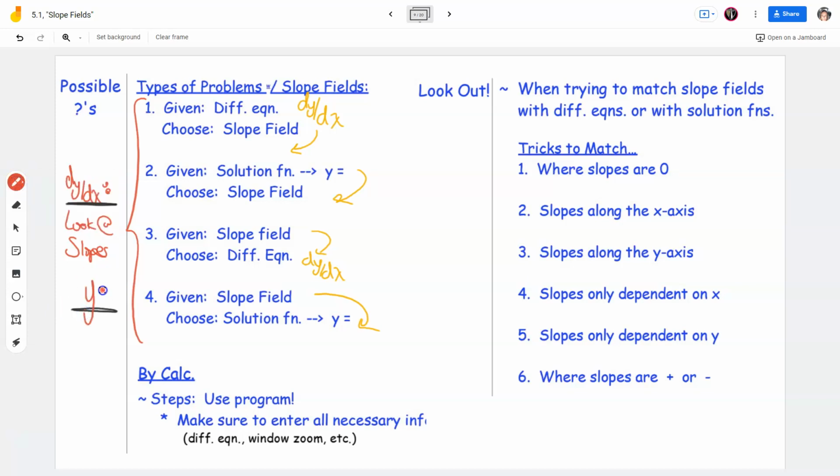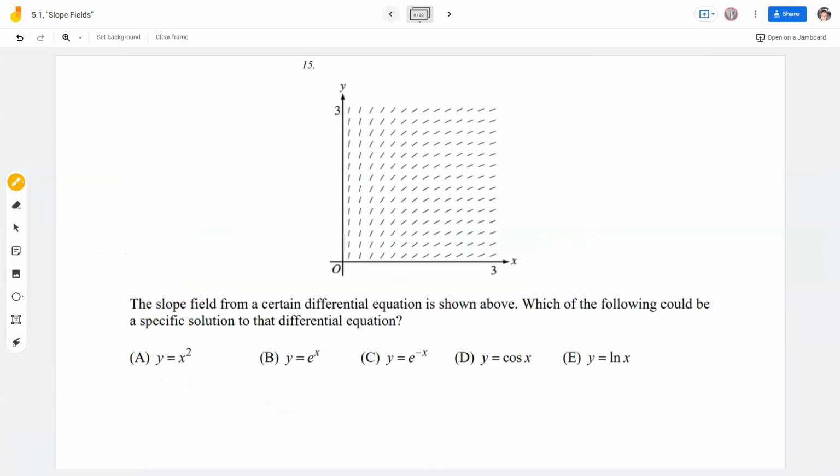We follow the, we'll come back and fill that in just a second. You don't necessarily need to write all these down. These are the types of problems you could be given with slope fields besides just making a slope field. But as far as the big summary, the big ideas, it's right here. For dy dx, look at the slopes, and for y, follow the, let's go check it out.